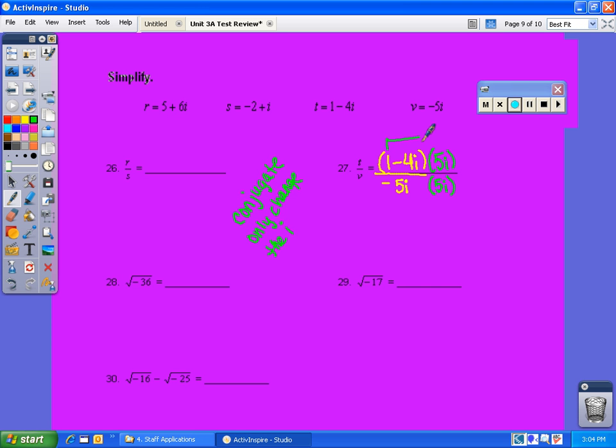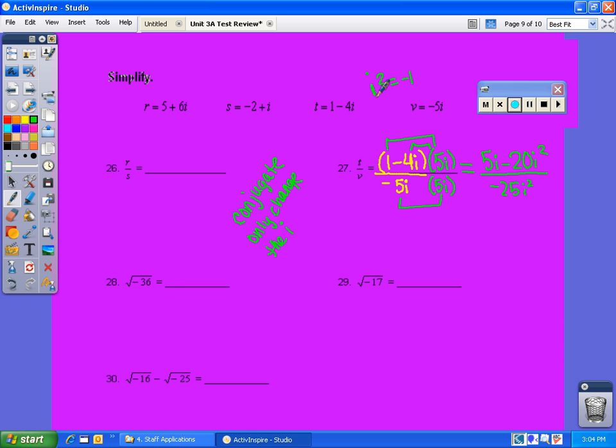So now I'm going to distribute, just like I did in the warm-up today, and I get 5i minus 20i squared. Divide that by multiplying these two, and you get negative 25i squared. So remember, i squared equals negative 1.